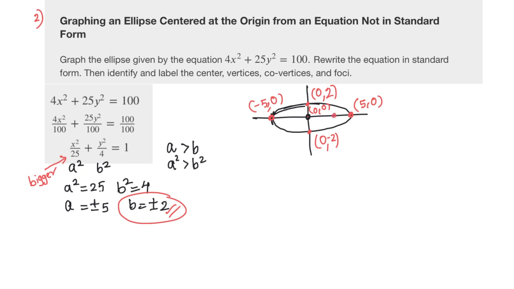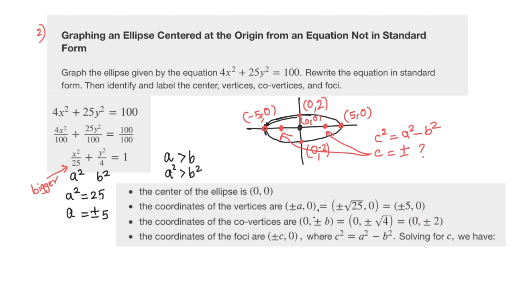And remember, foci is always on the major axis. We can find that using this formula, c square equal a square minus b square. Then solve for c, you will get plus or minus some value that goes here. So we can conclude that the center is 0, 0, and vertices are at plus or minus 5, 0, and co-vertices are at 0, plus or minus 2.